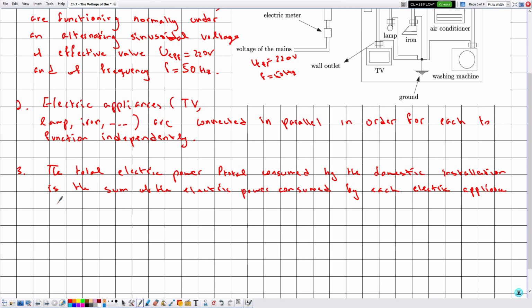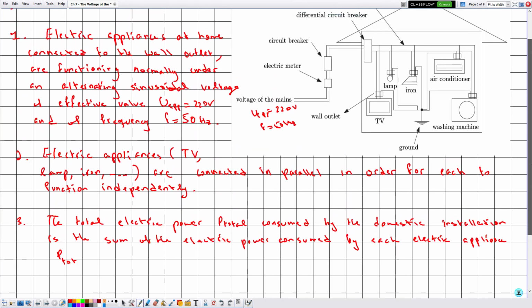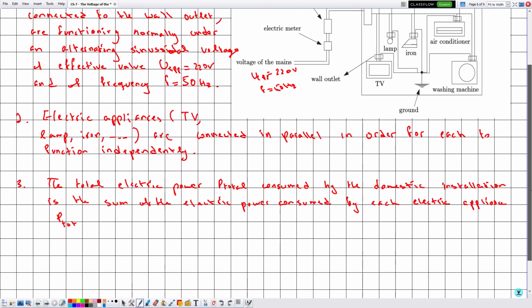And now in this case the formula is given by P total. So I repeat, in idea number 3 we are interested in calculating the P total, the total electric power consumed by this grouping.